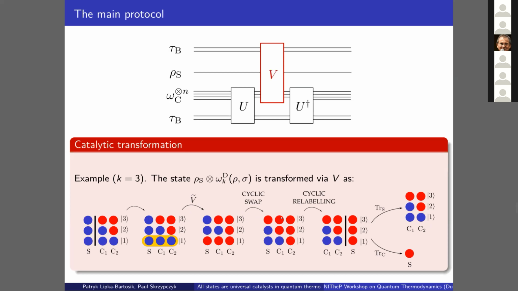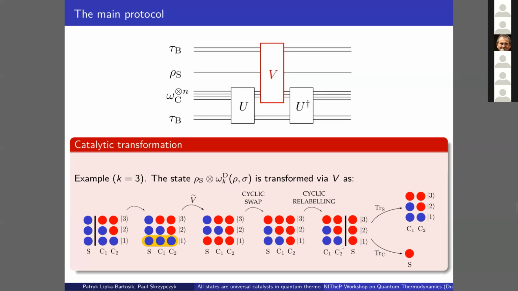Which essentially gives us the following form. So this can be a cyclic swap, or we can just relabel classical systems without moving physically those particles. And then we essentially do a very similar thing regarding the quantum systems. So we again perform the relabeling, and we finish with the following state.